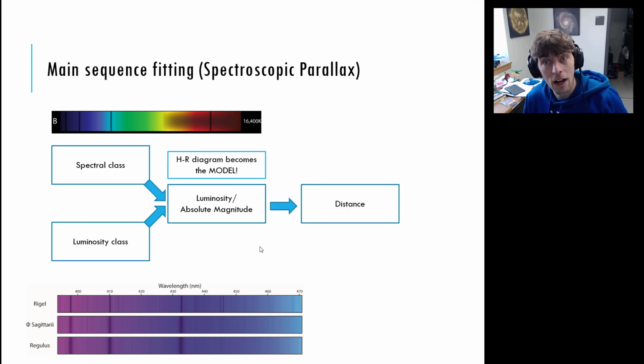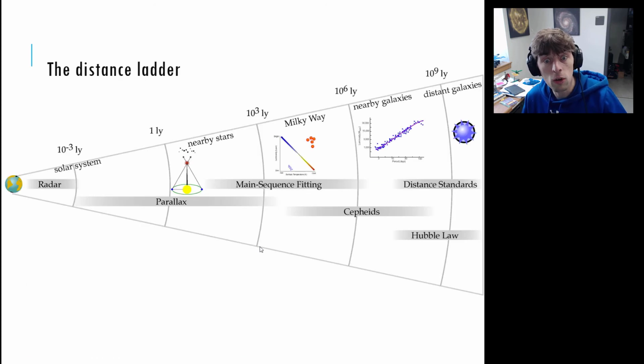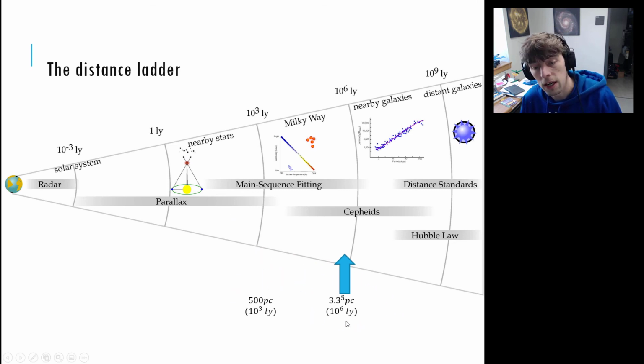And that allows us to then estimate the distance to those stars. So by this main sequence fitting technique, we can now go even further in our galaxy. Something like from 500 parsecs to, say, 300,000 parsecs, almost 1 million light years.